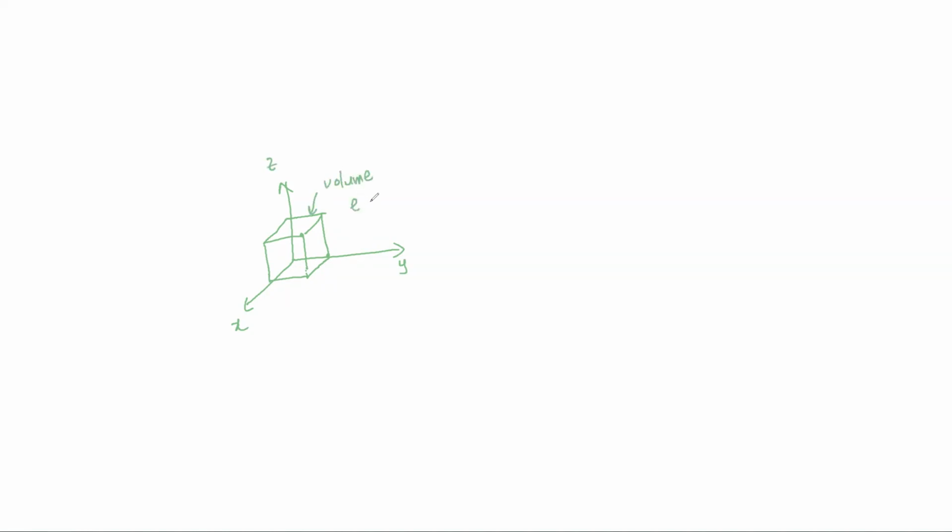Now, each of these surfaces of the volume element, we can define using the values of each of the sides of the volume element. So anyway, now vector surface area. This is very special. Vector surface area is like the vector version of the surface area.